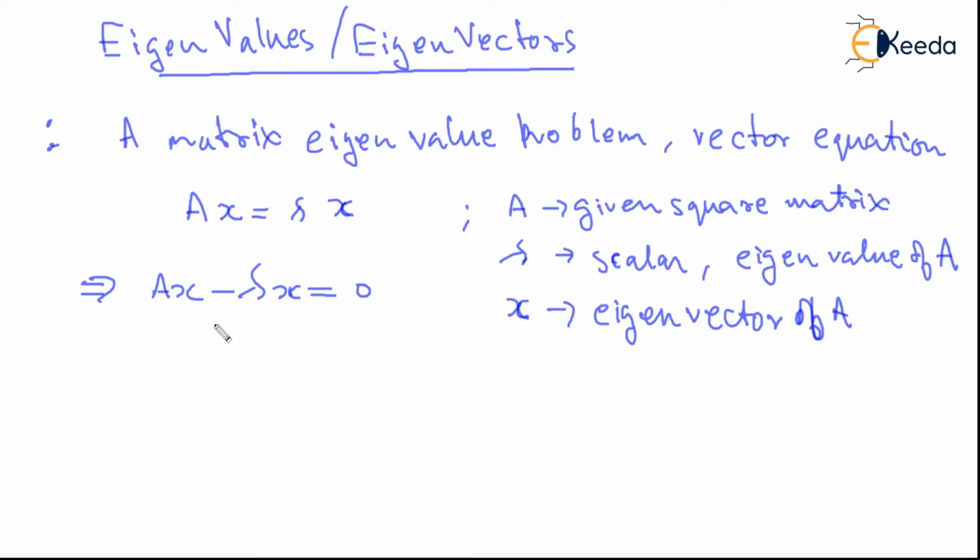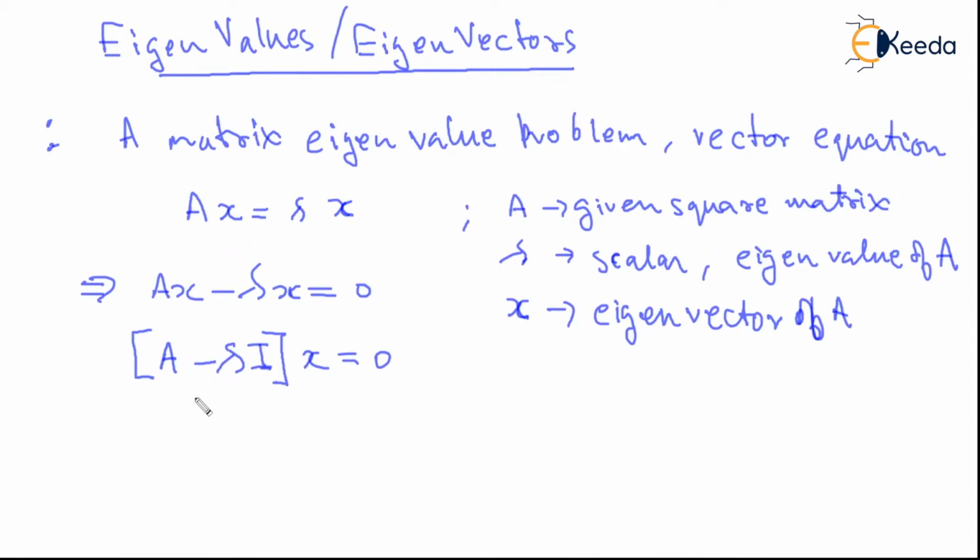The only possibility is we can write A minus lambda times I, so I being the identity matrix of the same order as the matrix A. Now this operation is possible. This is lambda times identity matrix, which is subtracted from A matrix. So this is the eigenvalue problem.